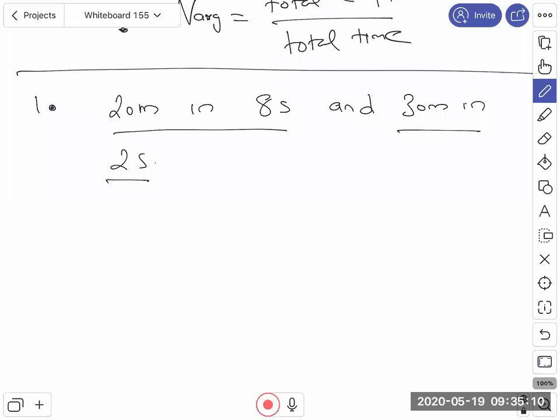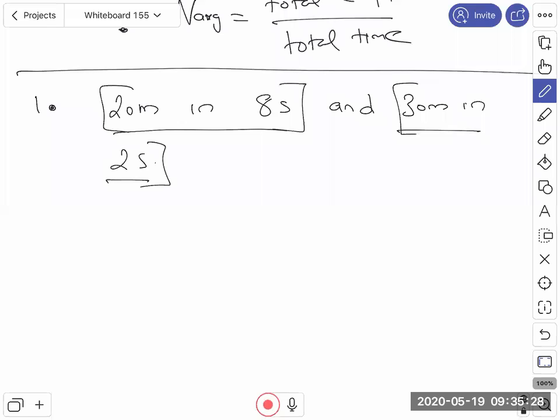Over here, we can say that it is displaced by a distance of 20 meter in 8 second and 30 meter in 2 seconds. We have to find the value of its average velocity.